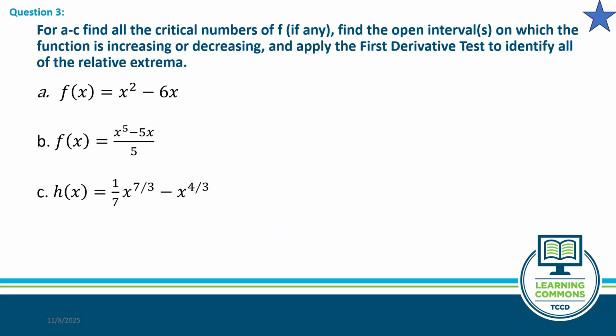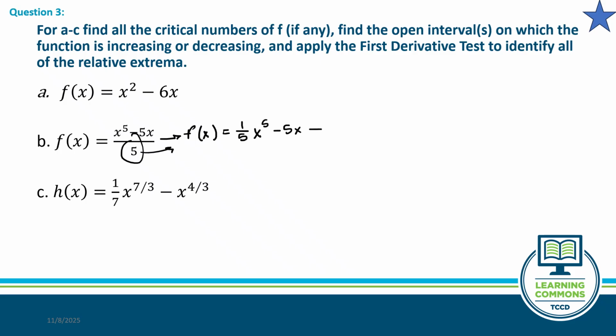Okay, let's do number 2. Again, I always do the first derivative first, which I actually rewrote like that, which I can do. I'm just taking this 5 out and moving it so that it's easier to do.